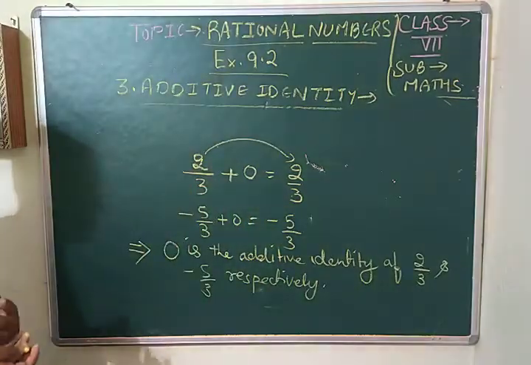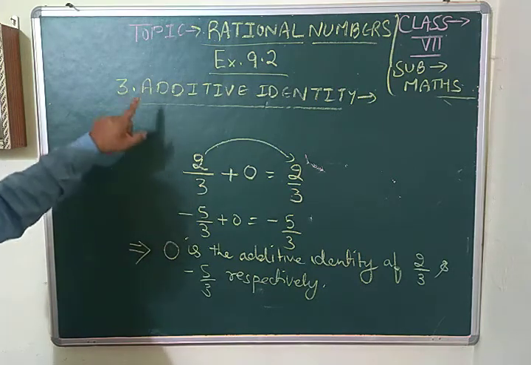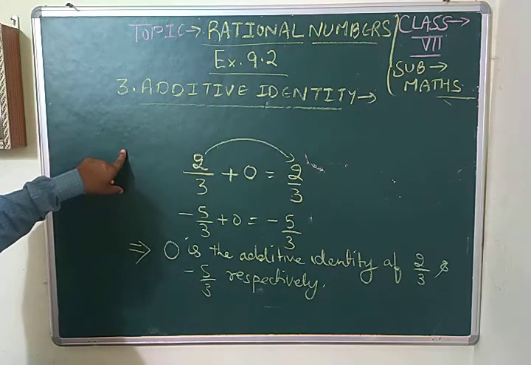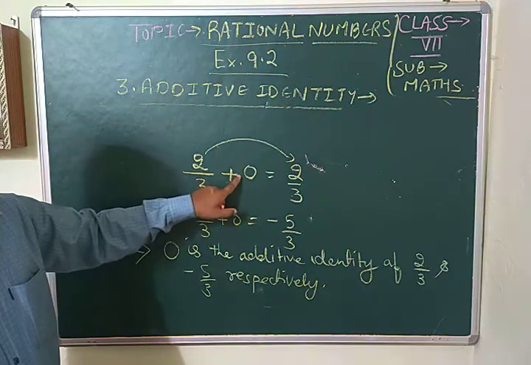Or you can say 0 is the additive identity for all the rational numbers.